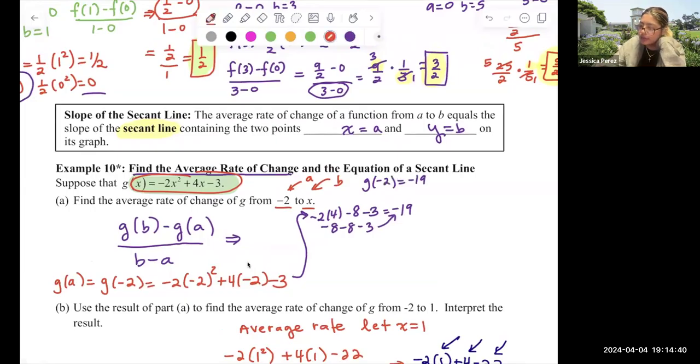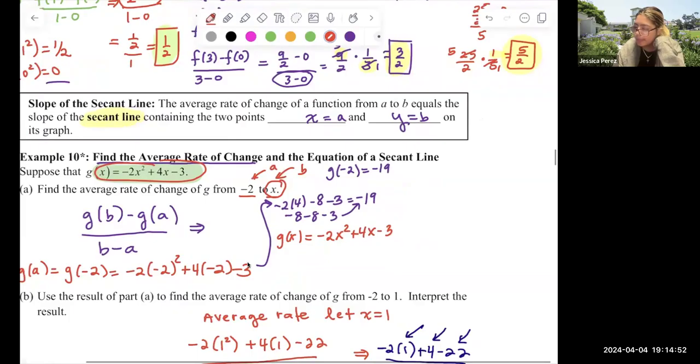Now I have to do g(x). Well, you already know what g(x) is: -2x squared plus 4x minus 3. So what do I have to do? I have to do g(x) minus g(-2), divided by x minus -2.